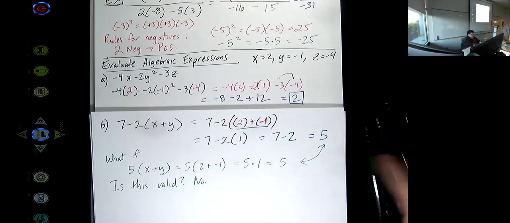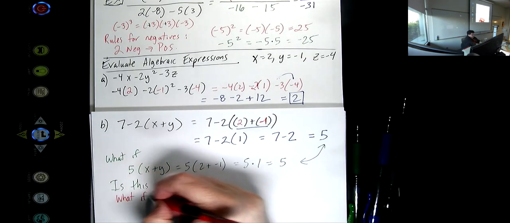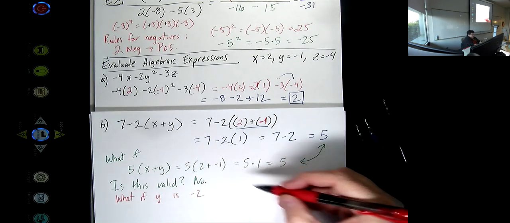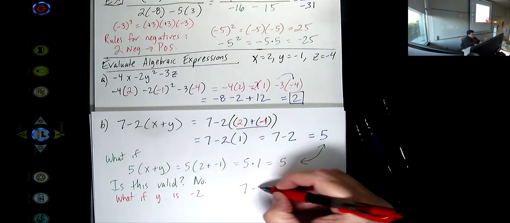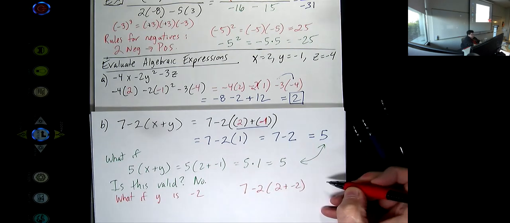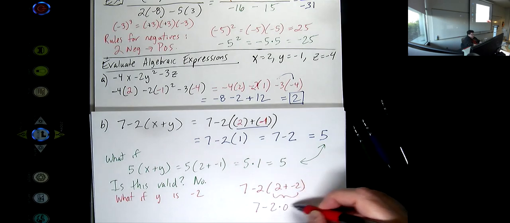What if Y was -2? Then the correct way would have 7 minus 2 times 2 plus -2. This is 0. 7 minus 2 times 0 is 7.